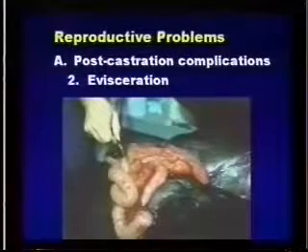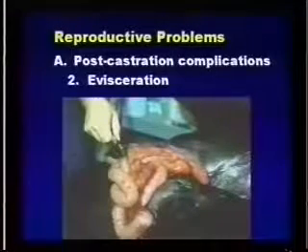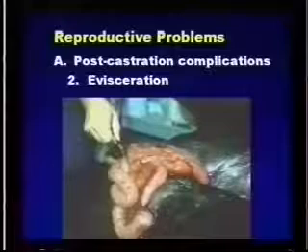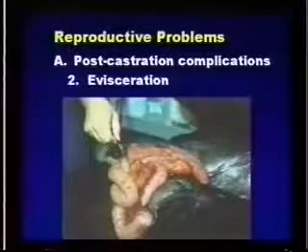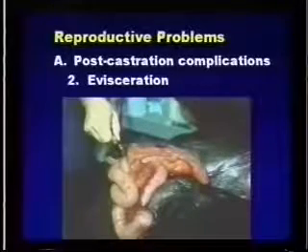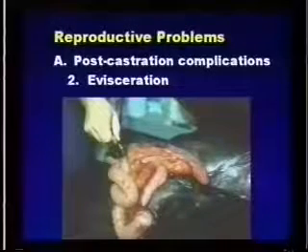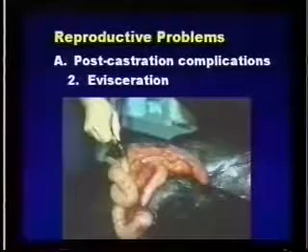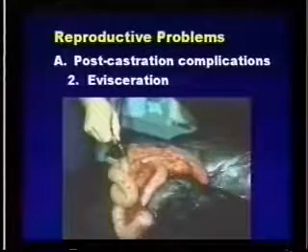Another possible complication of castration is evisceration. This is a situation in which, after the animal recovers from the intravenous anesthesia, there's evisceration of usually small intestine or omentum out through one of the incisions.